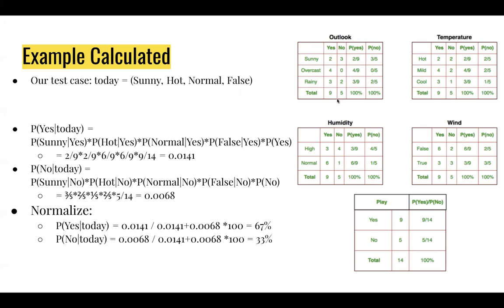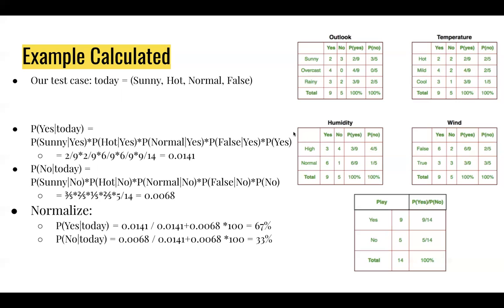Sunny given a yes is 2/9. There's a total of 9 yeses in our data set, and of those, sunny is 2 of them. Probability of hot given yes is also 2/9. For humidity, normal is 6/9, and the last one, wind, is also 6/9.